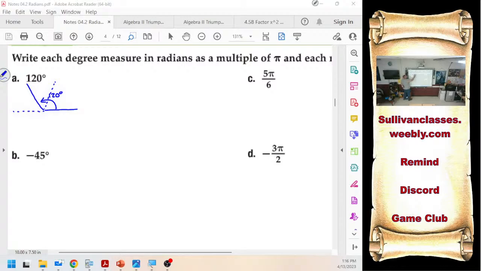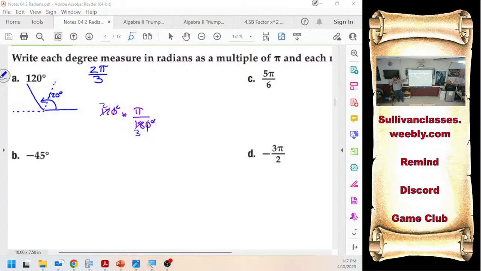I am 2 pi over 3, or 2/3 pi, away from 0 to 180. But I could also just take 120 degrees times pi over 180. Degrees cancels with degrees. Divide both by 10. 12 over 18 is 2 over 3. 2 pi over 3. Okay?